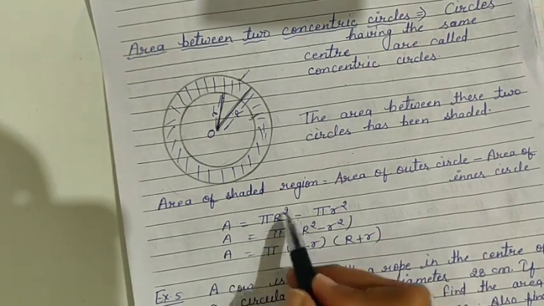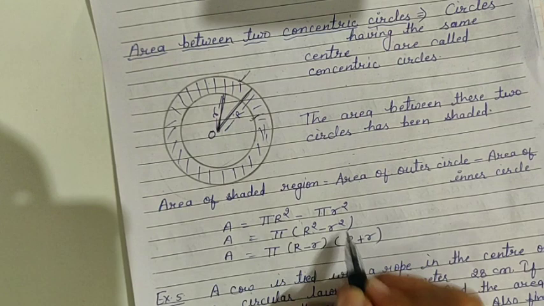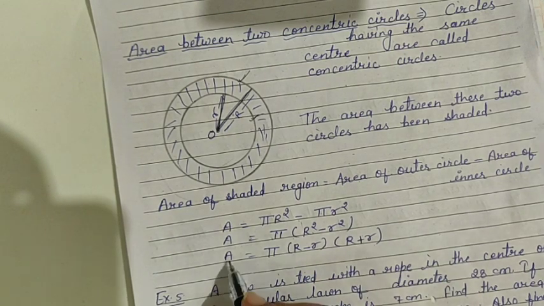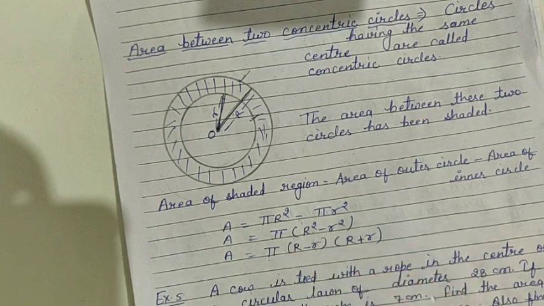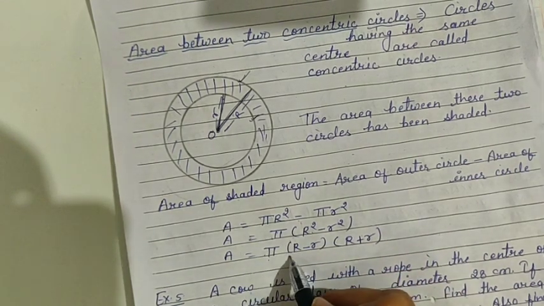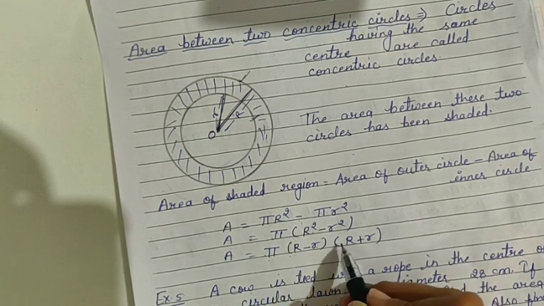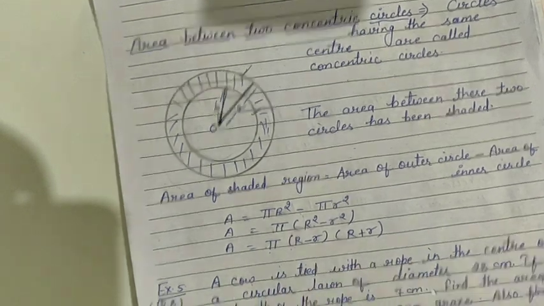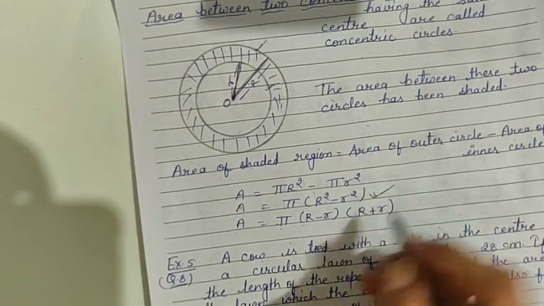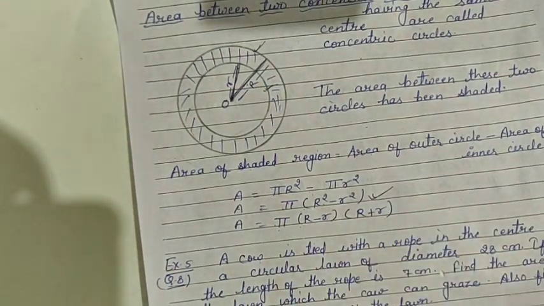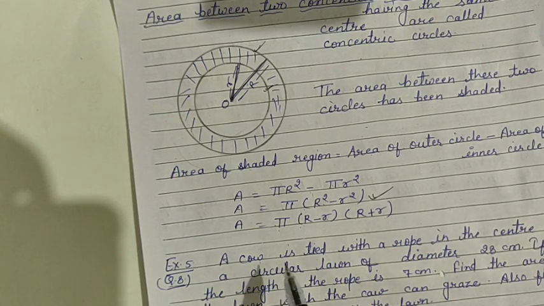A is equal to pi into capital R square minus small r square. Since a square minus b square is equal to a plus b into a minus b, A is equal to pi into capital R minus small r multiplied by capital R plus small r. Okay students, this is the formula of area between two concentric circles.